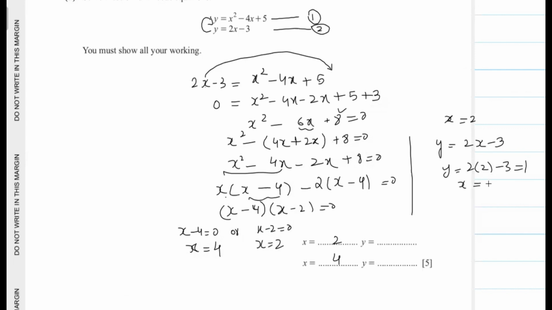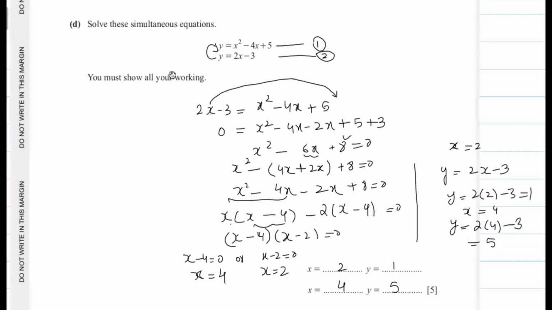And when x equal to 4, the value of y will be equal to 2 into 4 minus 3, which is equal to 5. And we write here x equal to 2, y equal to 1, and x equal to 4, y equal to 5. This is the solution of the equation.